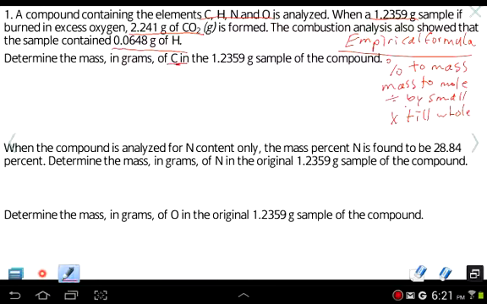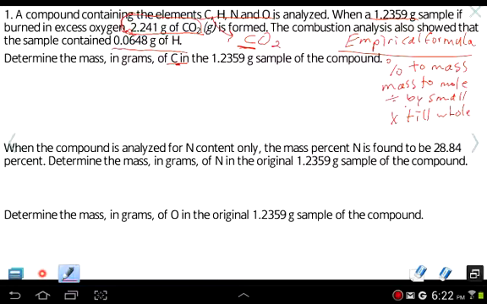Now very oftentimes they'll burn a hydrocarbon, and during the combustion all of the mass from the chemical compound went into CO2, all the carbon went into CO2. So capturing the CO2, if we can find out how much of this is carbon, we'll be able to find out how much carbon there is, because all the carbon went into carbon dioxide as we burned it.